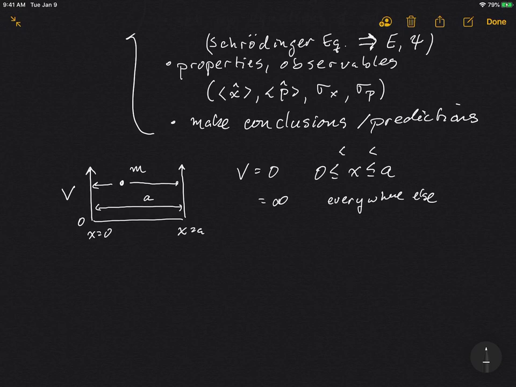Okay, so now that we have the potential defined, we have a particle that's moving with a mass m, and so there's a kinetic energy term, and you may recall that the kinetic energy operator is minus h bar squared over 2m, where m is the mass of whatever is moving, right?